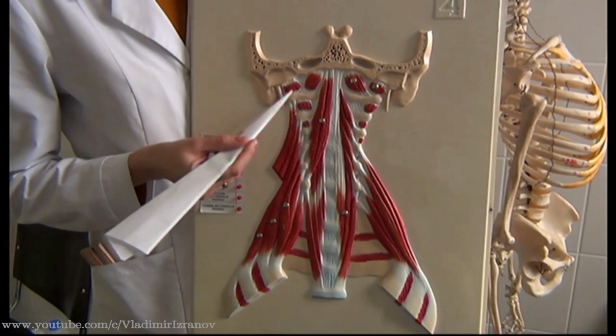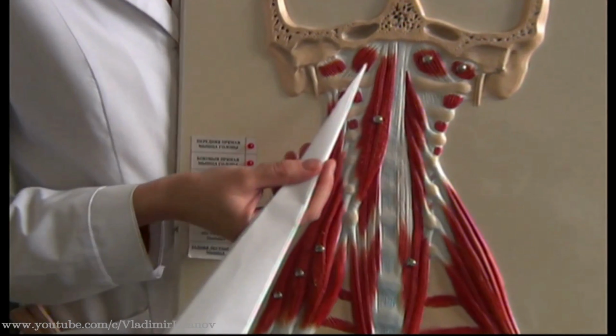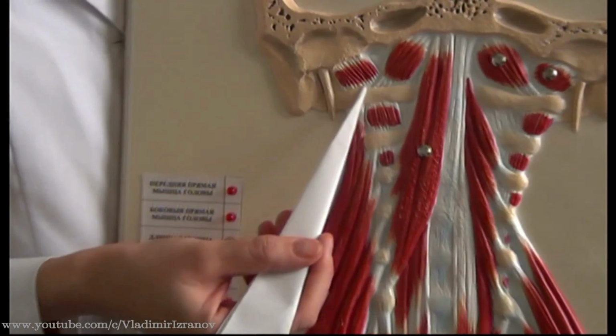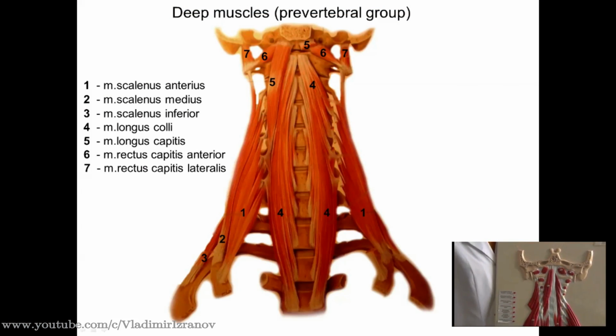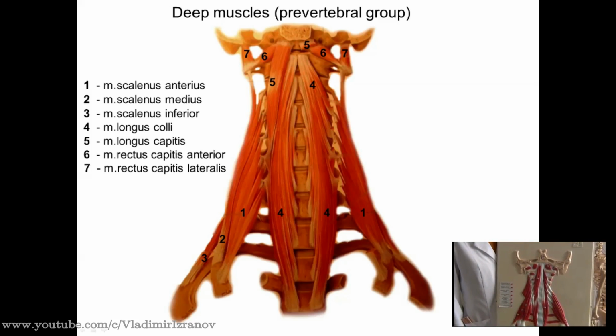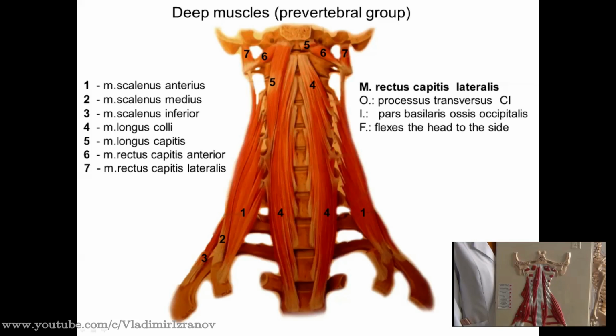And rectus capitis anterior again. Rectus capitis anterior and rectus capitis lateralis. Here they are. And also the function of this muscle is that it flexes the head to the side. When it contracts, we can bend the head laterally.